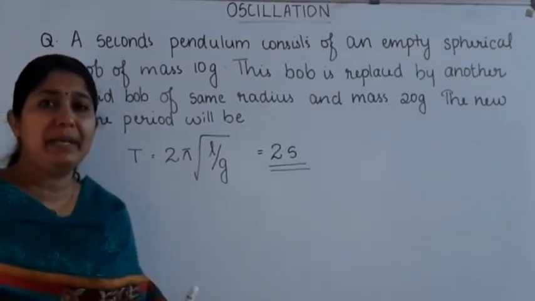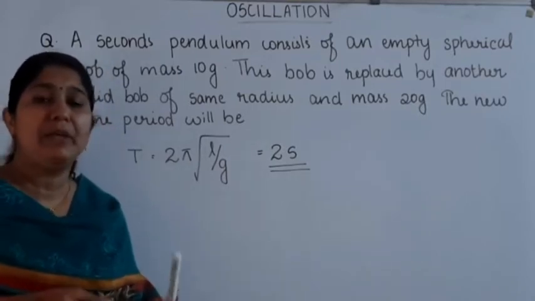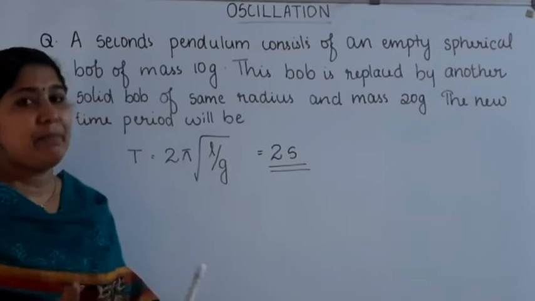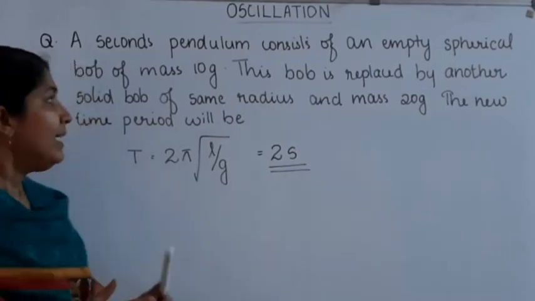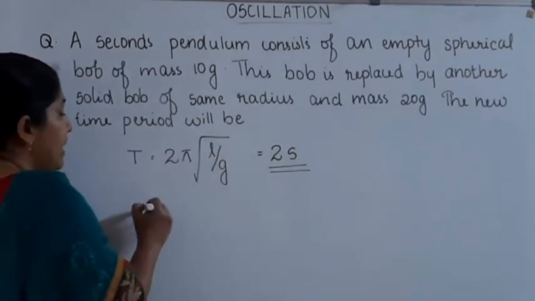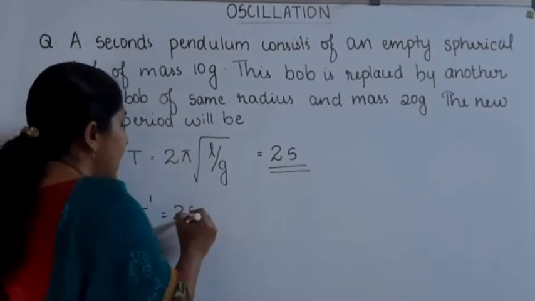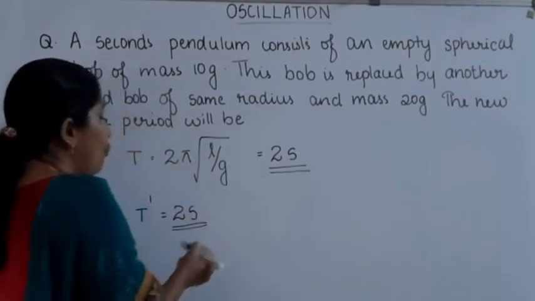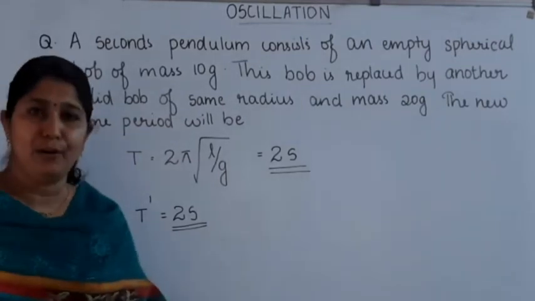Time period is independent of mass, so the time period of the seconds pendulum is 2 seconds itself. Here the new time period T dash is also equal to 2 seconds, because in the case of a pendulum, time period is independent of mass.